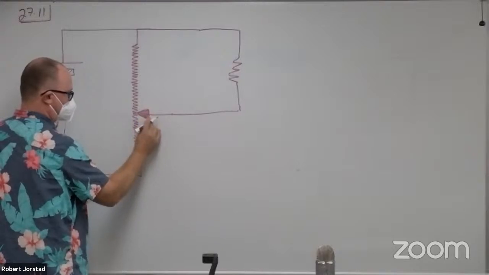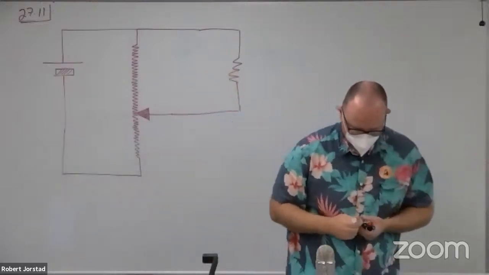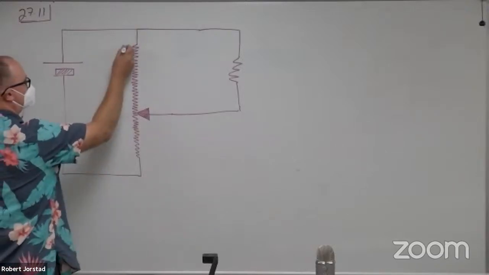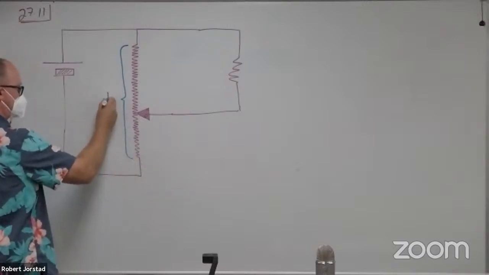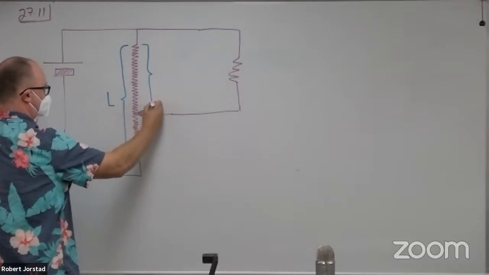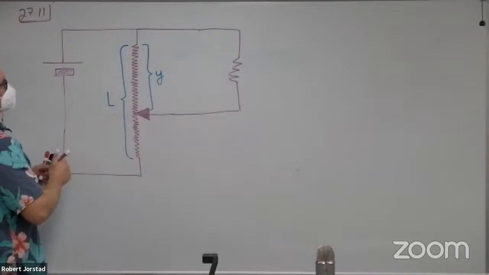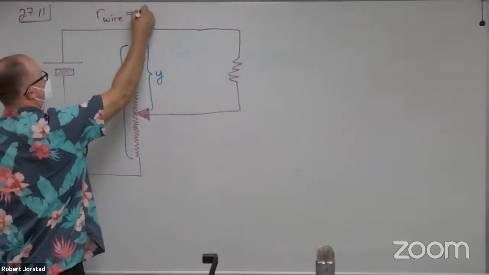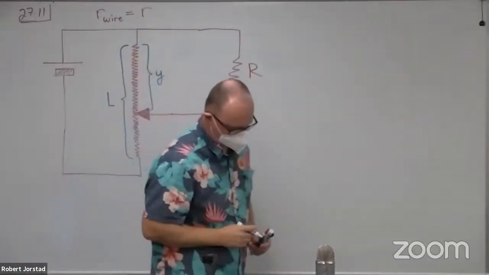We're told that the total length of this wire is L, whereas this length is Y. We're told that this total resistance is lowercase r. This one over here is uppercase R. Is that right?